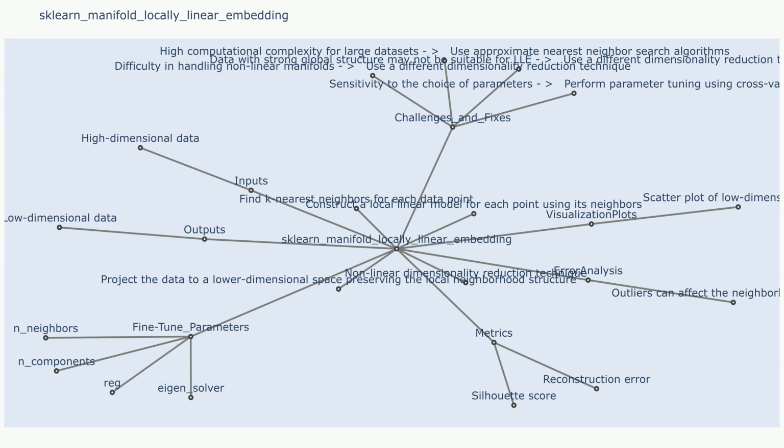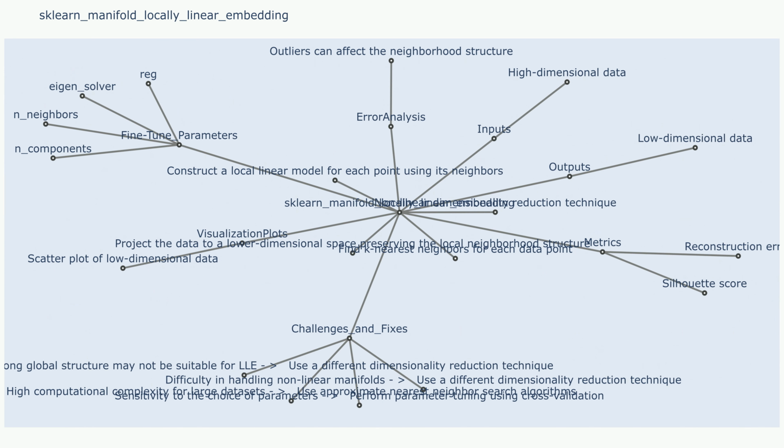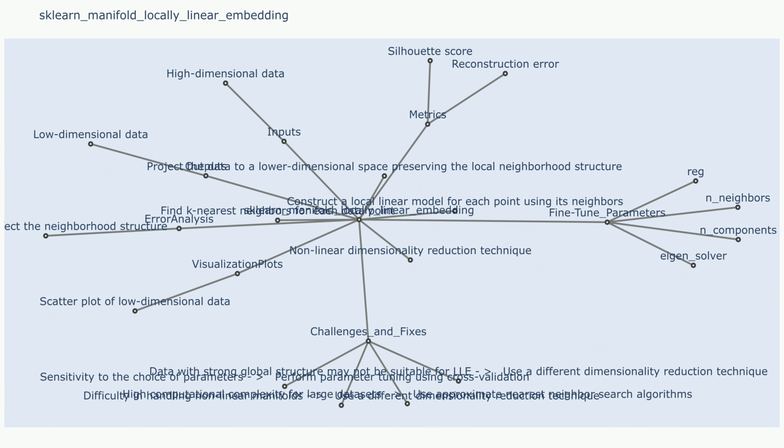Fine-tune parameters: n_neighbors: the number of neighbors to consider for each data point. A higher value might capture more global relationships but can lead to overfitting. reg: regularization parameter for the local reconstruction weights. A higher value can prevent overfitting. eigen_solver: the solver to use for computing the eigenvectors of the Laplacian matrix.